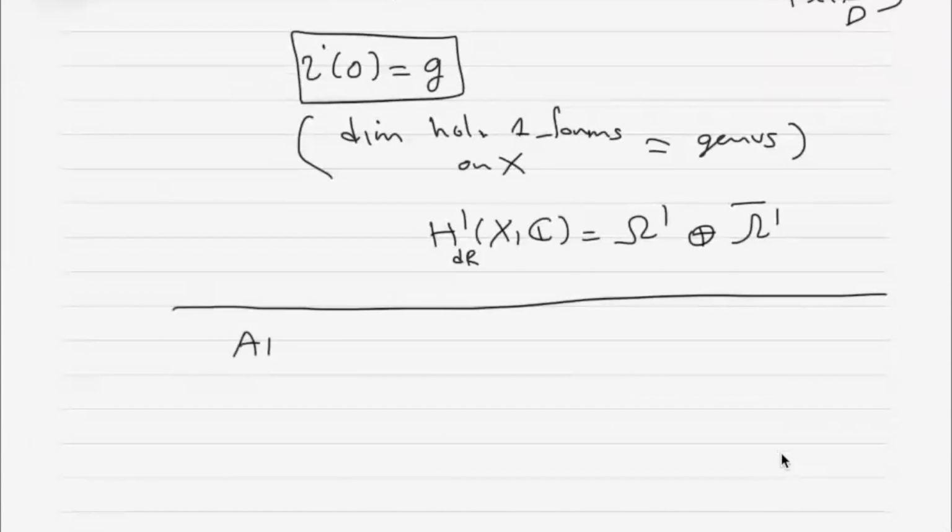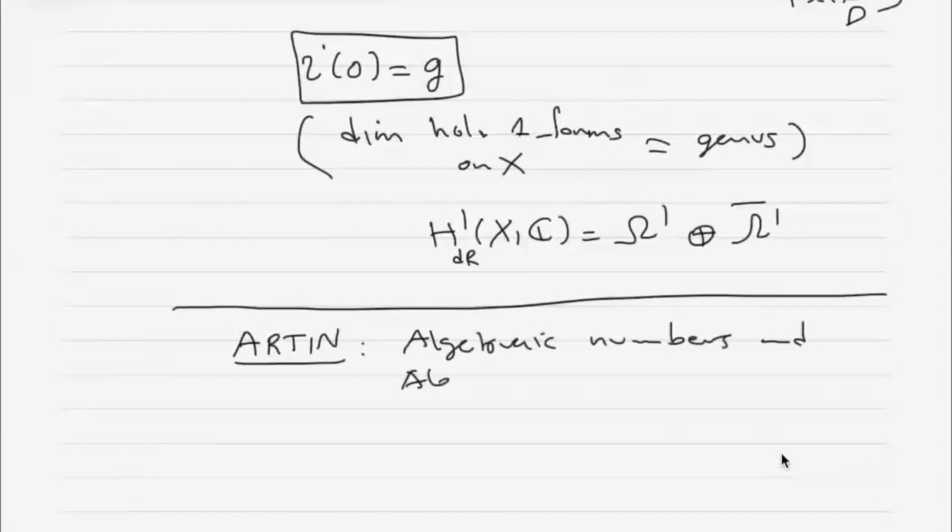There's a book by Artin called Algebraic Numbers and Algebraic Functions. And if you go to that book in chapter 14, you can find two different proofs for the Riemann-Roch theorem, that both of them are true for any field, not just necessarily algebraic fields or even C.